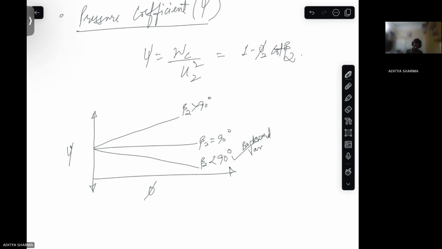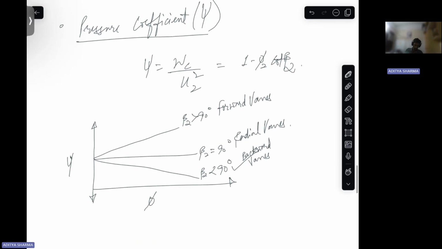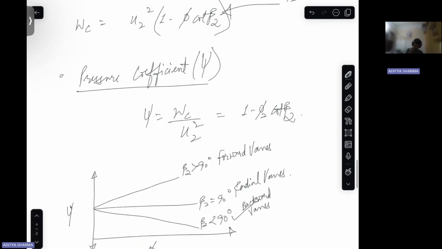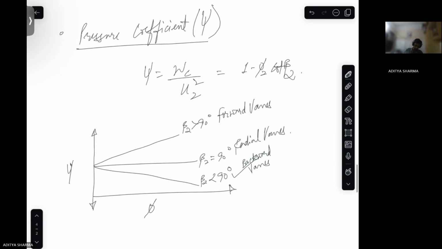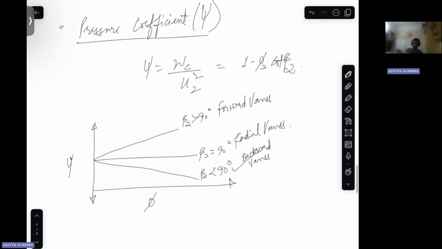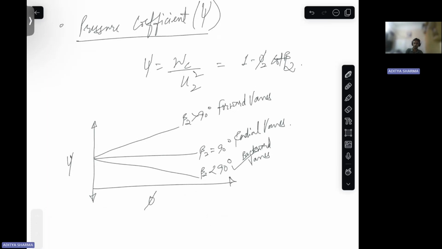This is your forward vanes. This is your radial vanes. So with your flow coefficient, your pressure coefficient remains constant for radial vanes. Okay. And with your forward vanes, it increases. With your flow coefficient, your pressure coefficient increases. So this basically is the repercussion of using these two types of vanes.